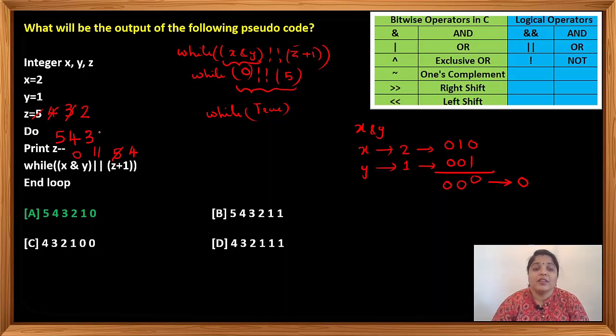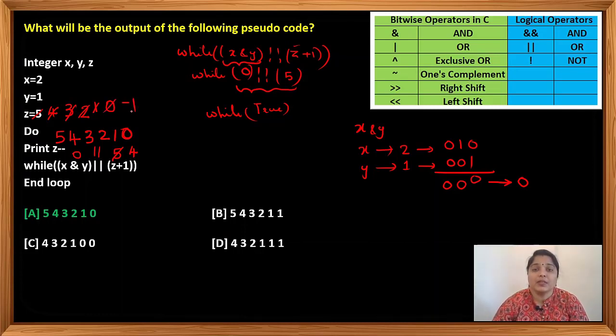Moving on like this: 5, 4, 3, 2, 1, 0. When it comes to 2, next it will be 1. When it comes to 1, it will be 0. Even if z comes to 0, 0 plus 1 is 1, so the while loop continues. But when 0 is printed, z becomes minus 1.